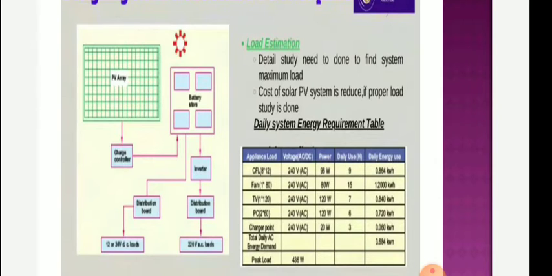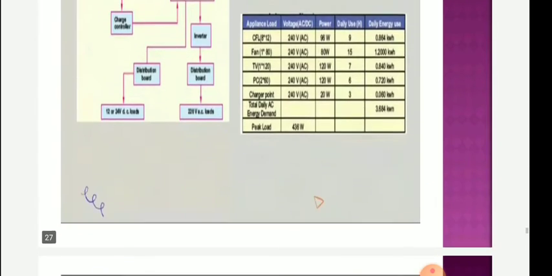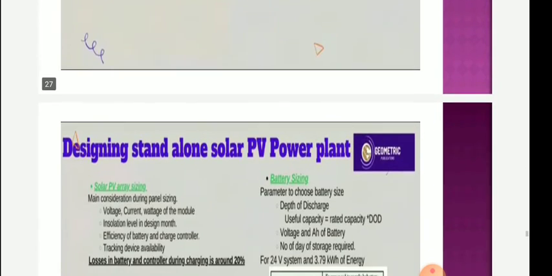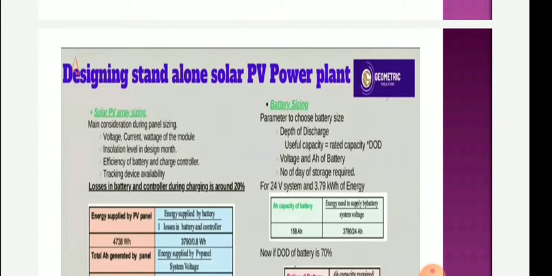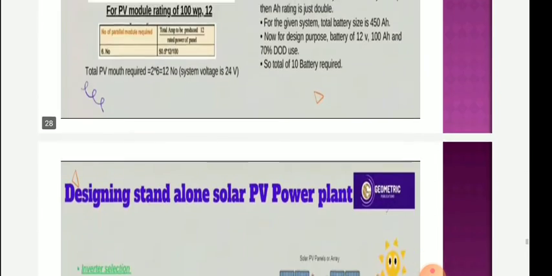Without the inverter you can use the DC current also. So direct DC current and the inverter are both connected to the system. With this they designed a standalone PV system. You can just go through the system, and it is easy to understand.